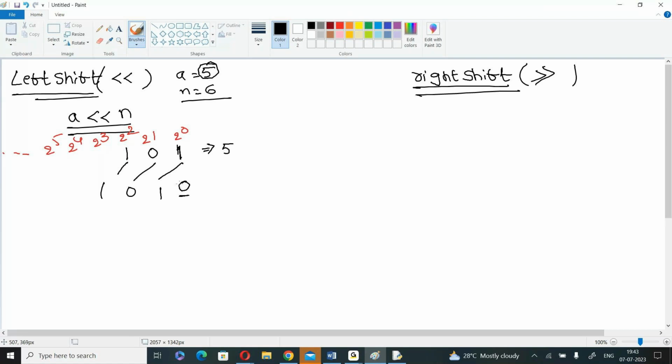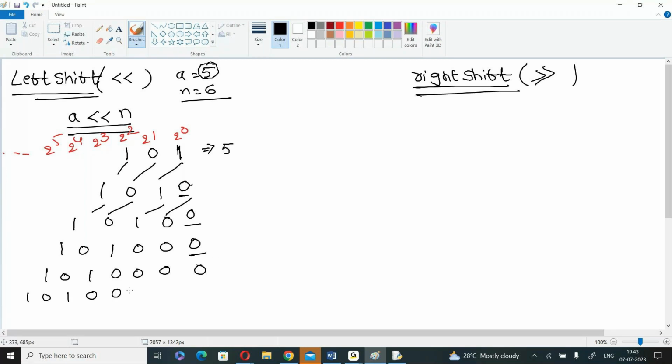Perform second shift operation: 1 0 1 0. Now this position is filled with 0. Next shift operation: 1 0 1 0 0 0. Next: 1 0 1 0 0 0 0. How many? 1 2 3 4 are completed.